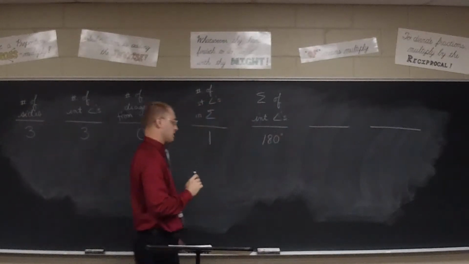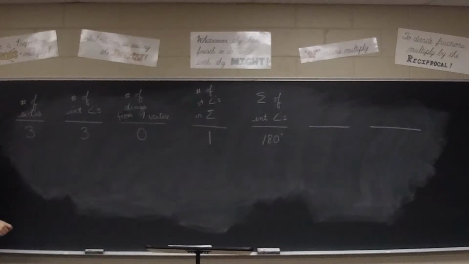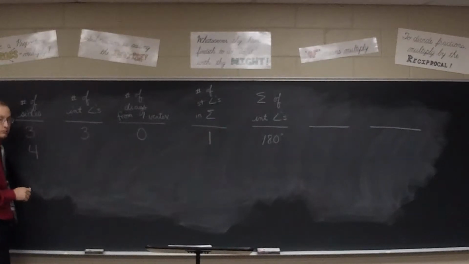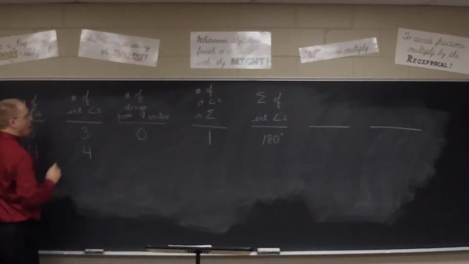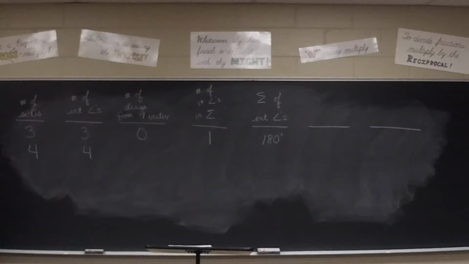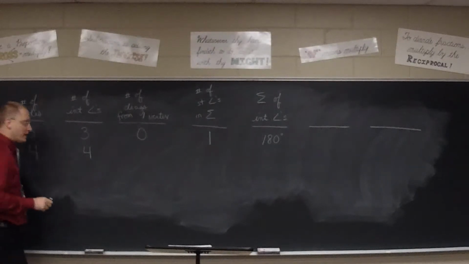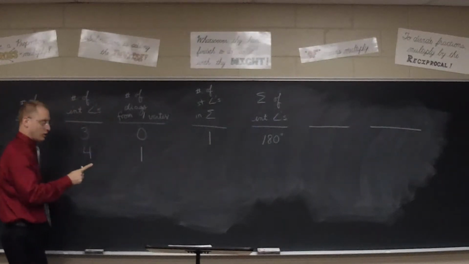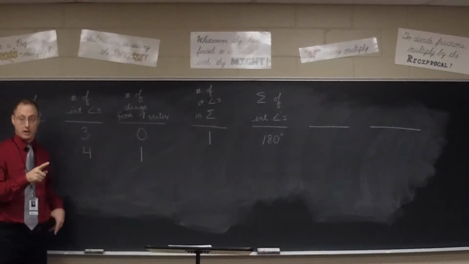180 degrees. We said though if we have 4 sides, a quadrilateral we call it, how many angles? 4. How many diagonals could we draw from a single vertex? 1. And that 1 diagonal divided the polygon into how many triangles? 2.